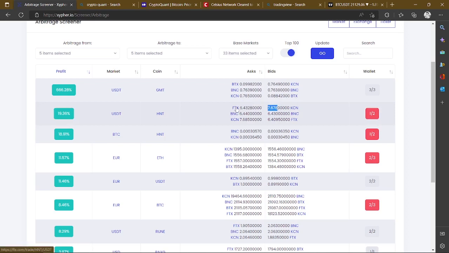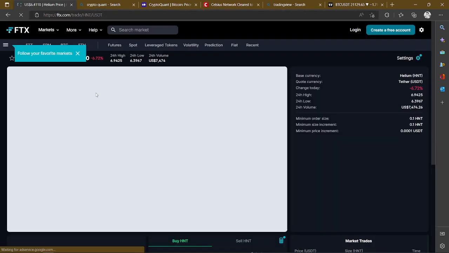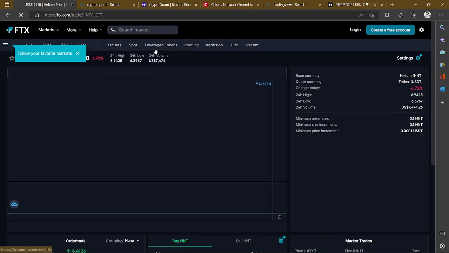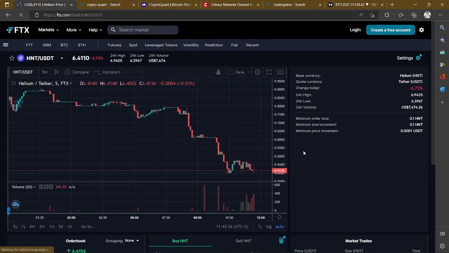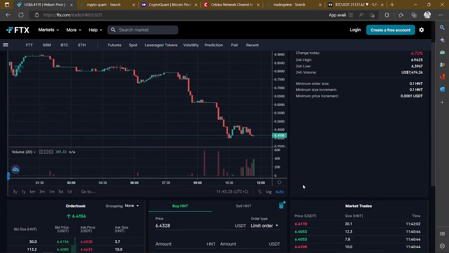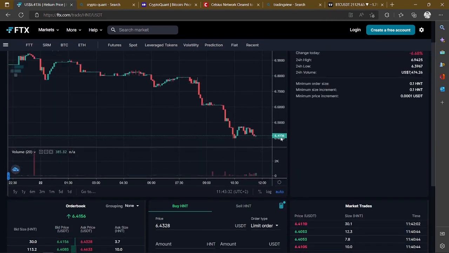If I go ahead and click where it's written FTX right here, it's going to show me the FTX crypto exchange with this pair. I'm just going to close these because I want you to see the price right now. You can see that the price on FTX is $6.41.